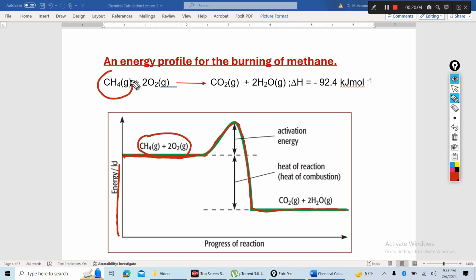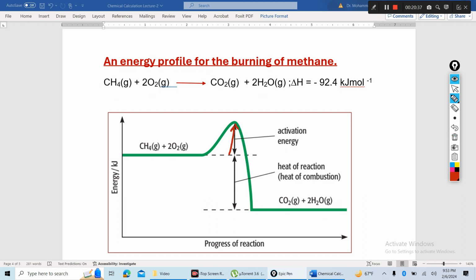Here methane and oxygen, there are two reactants, and this is the peak of the curve, this upward arrow is activation energy. Then right hand side is product, so I write here carbon dioxide plus water, and this upward arrow is activation energy.